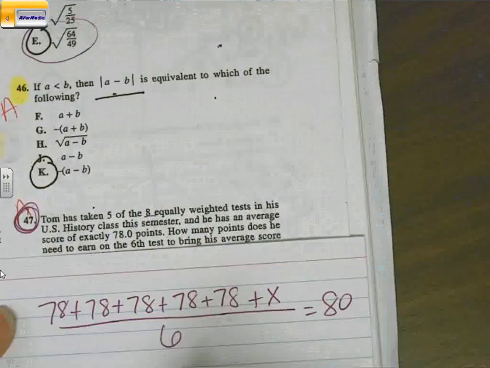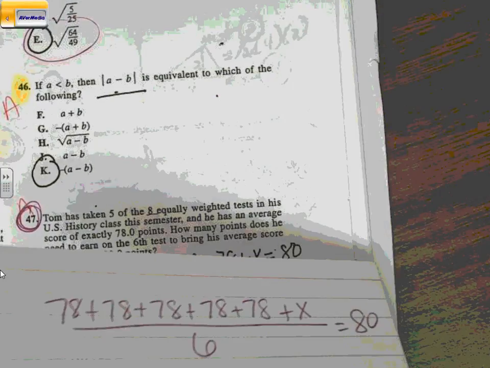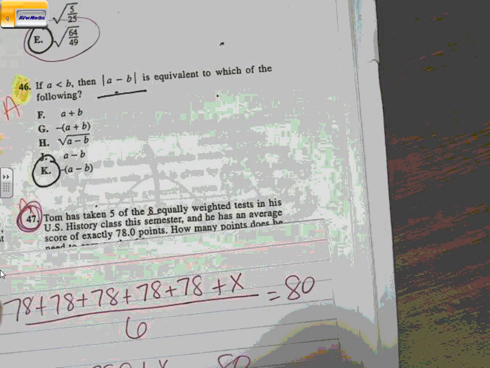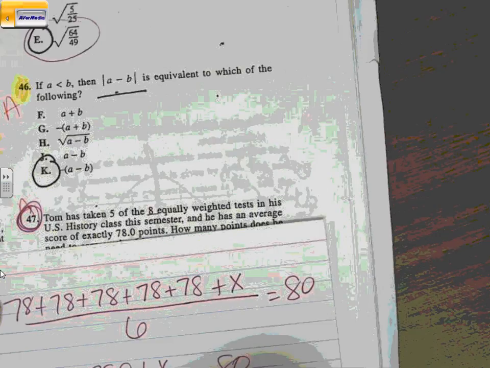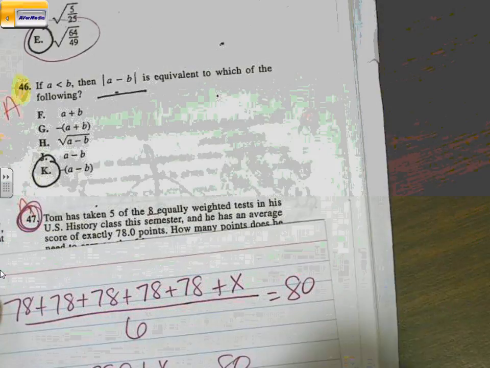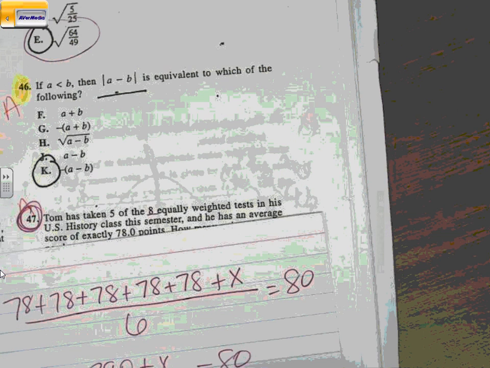Add all those 78s up. It's 390. Multiply by the 6. I get 390 plus x equals 480. And then subtract the 390 over, and you get 90.